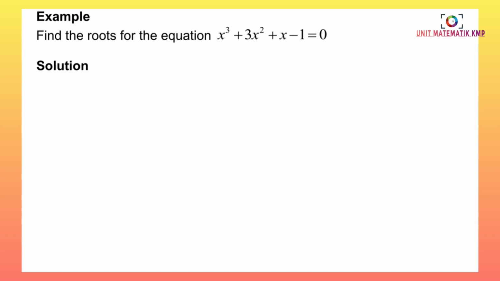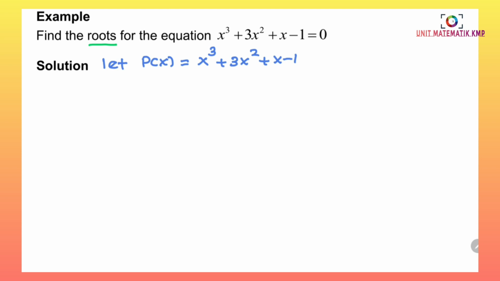Okay, next. Find the roots for the given equation. All we need to do is, firstly, let p(x) equal to x power 3 plus 3x square plus x minus 1.